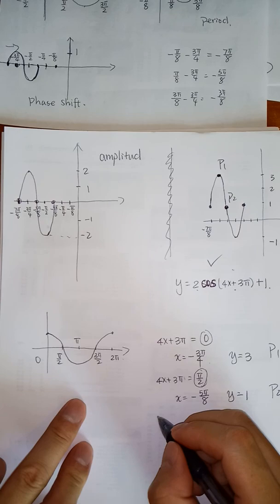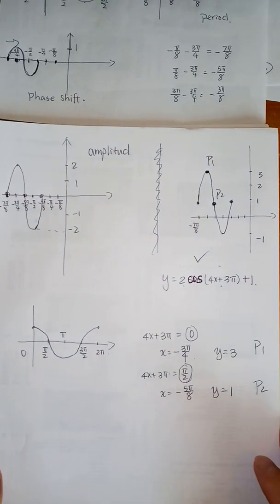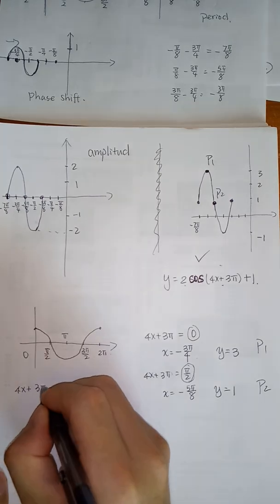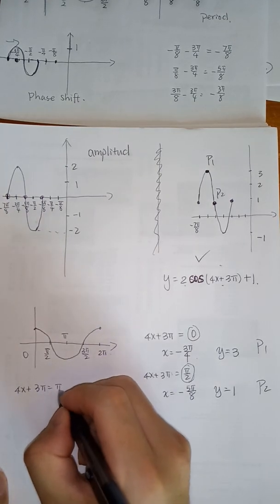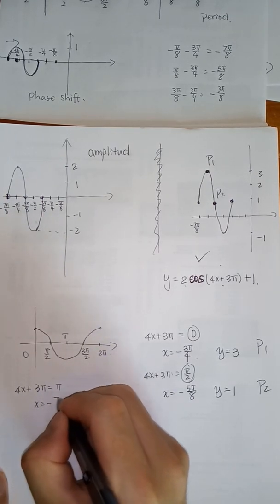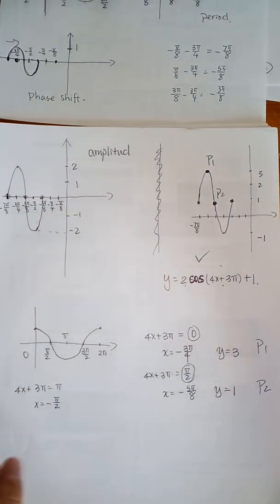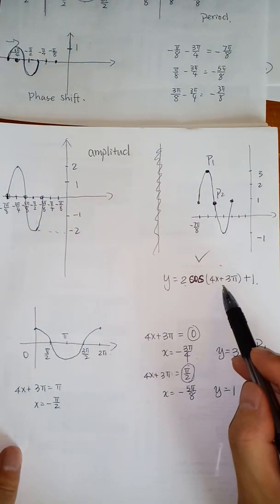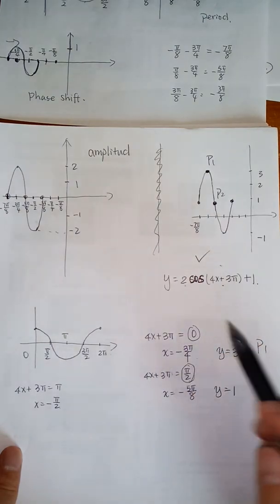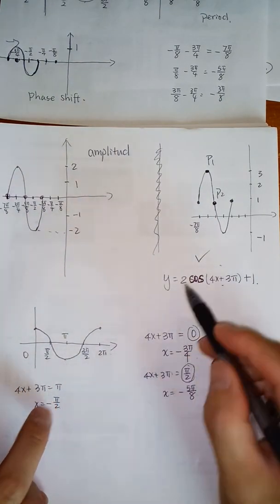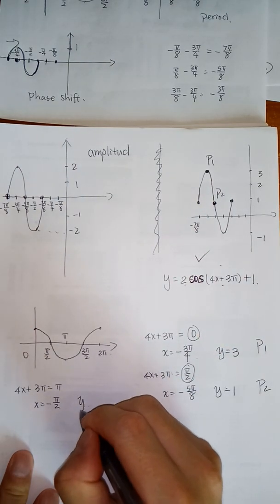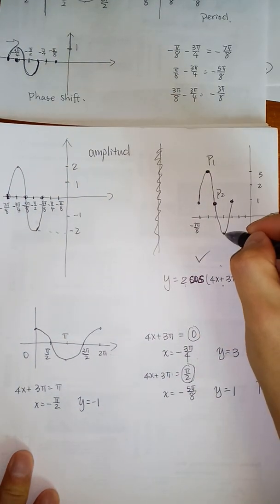And you continue this. 4x plus 3 pi is equal to pi. Then x is equal to negative pi over 2. Cosine pi is negative 1. Negative 1 times 2 is negative 2, plus 1, so y equals negative 1. This is P3.